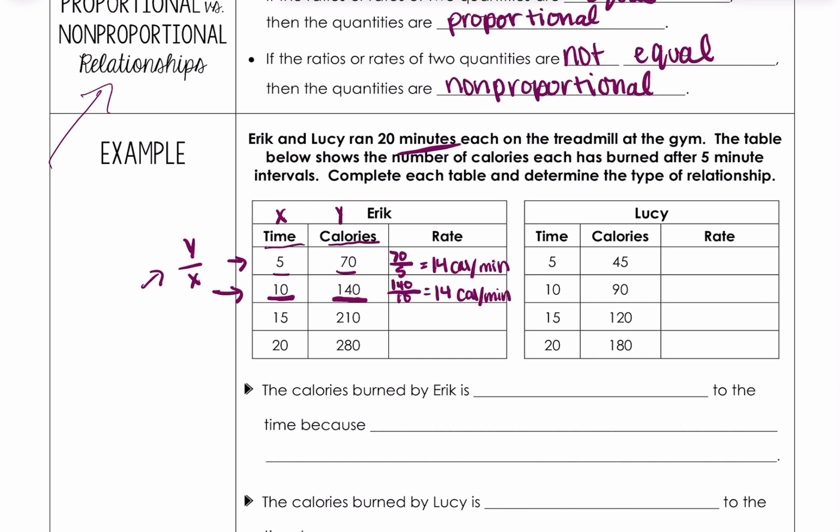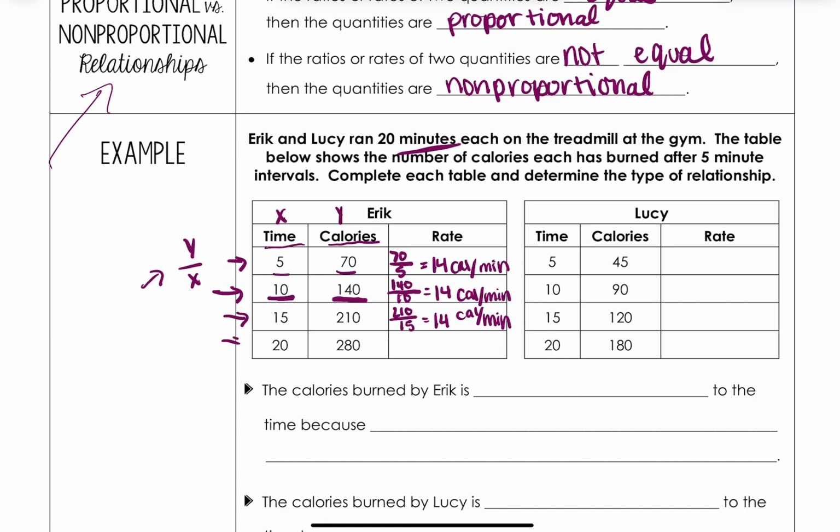Moving on to our next row, which is 15 and 210. I want to make sure that my y value is at the top, so I put 210 at the top. And at the bottom, I put my x value, which is 15. When I divide these two numbers, I once again also get 14 calories per minute.